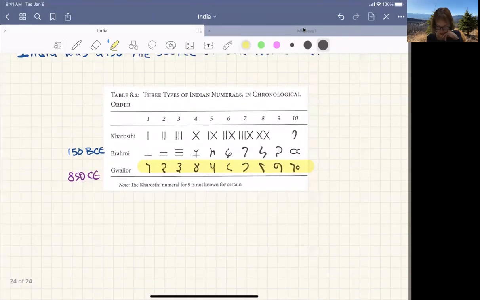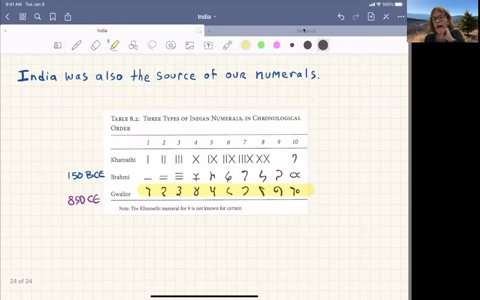Okay, so that's all I have for India. And so what I wanted to do is at least get started a little bit talking about medieval mathematics.